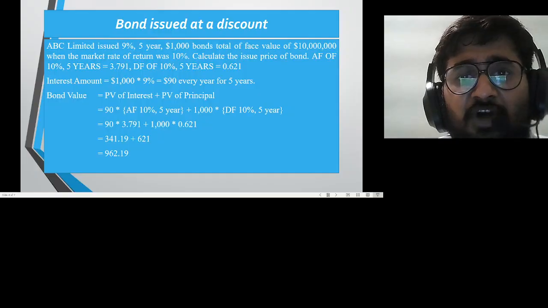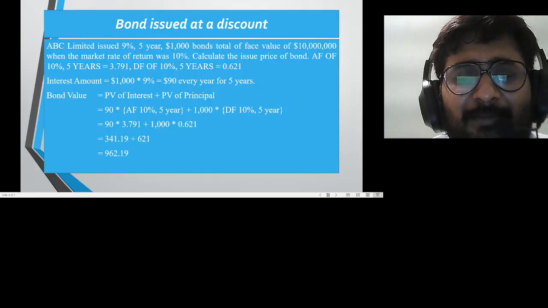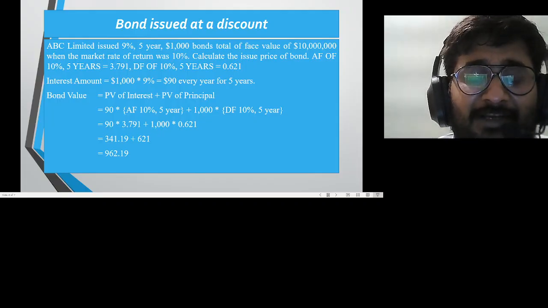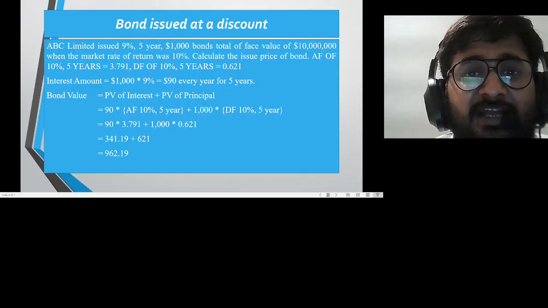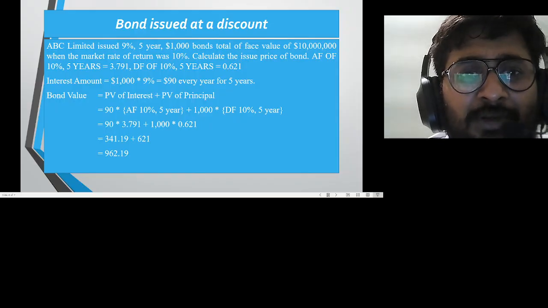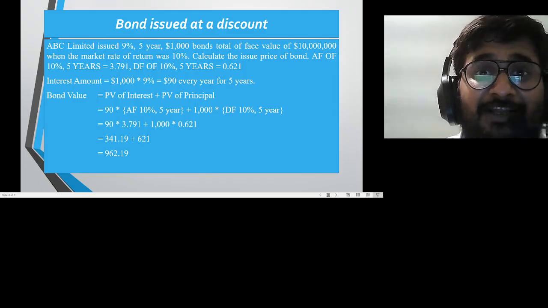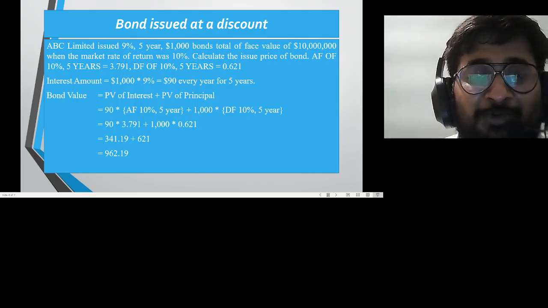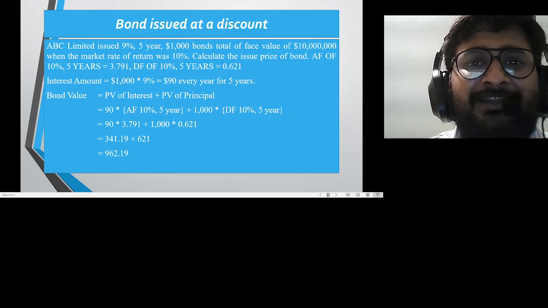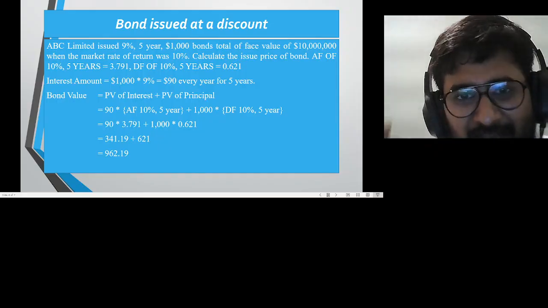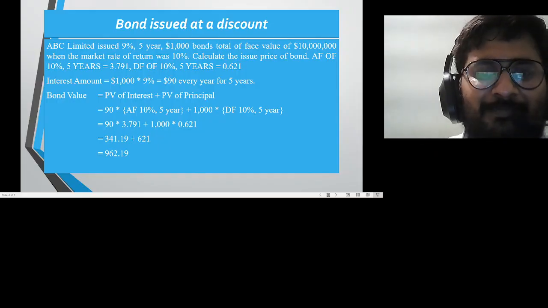Remember, interest is always calculated by multiplying par value with coupon rate, but it has to be discounted at the market rate of return, because the market is offering more in this situation, 10%, and you are offering less. So the market will ensure that from this bond also they earn 10%. How can they earn 10%?